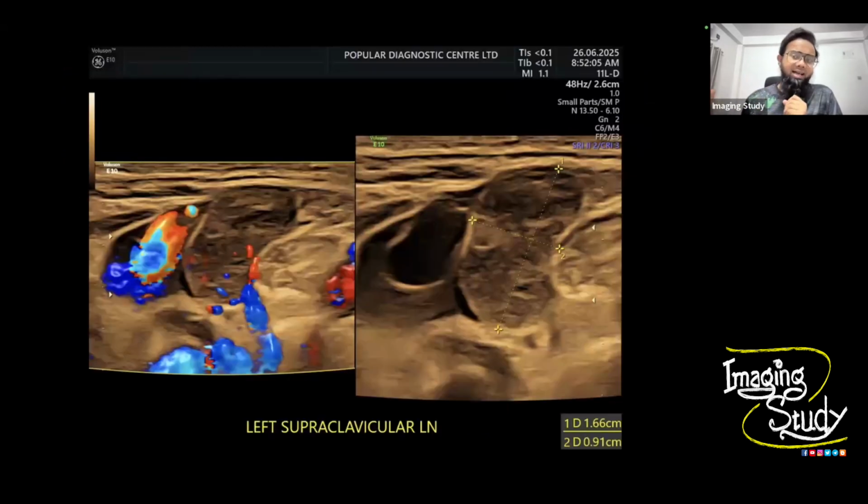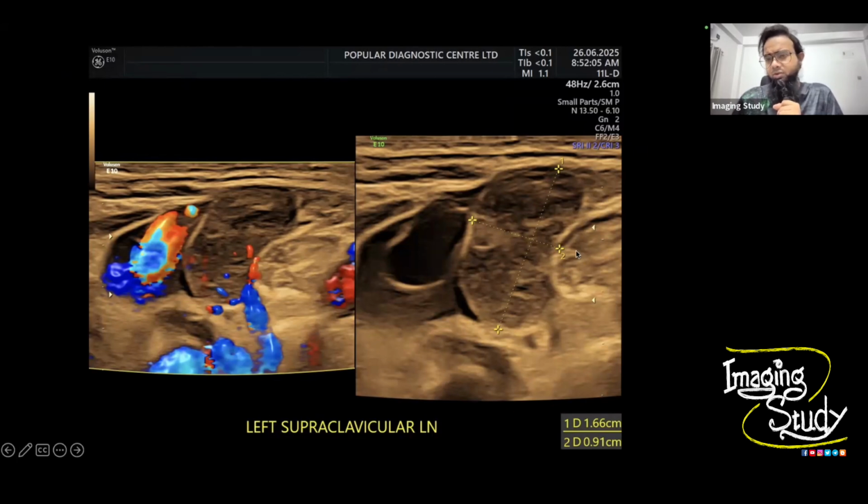Okay, so let's look at the lymph nodes. We have multiple things to see. You can see this is the left supraclavicular lymph node. Just look at the appearance because I will show you the same appearance a little bit later again. This is not enlarged, it is a prominent lymph node.